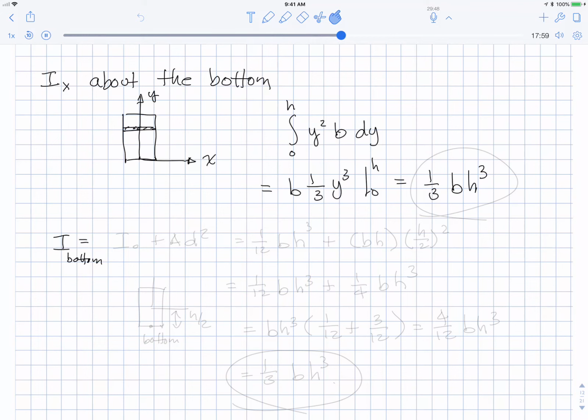And so the distance from the centroid to the bottom, this distance here, is h over 2. So that will be times h over 2 squared.